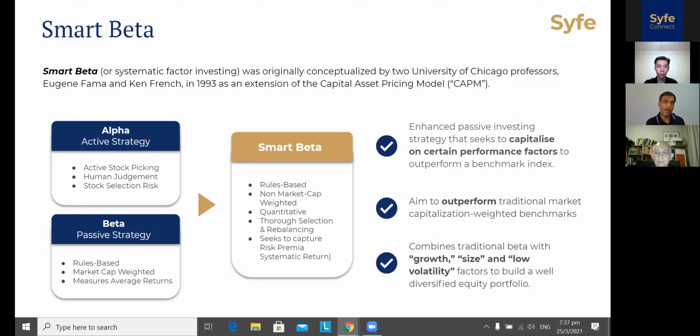Now, we have realized that over the long term, almost 90% of these active strategies underperform the benchmark. So rather than using active strategies, we use rule-based strategies to capture these risk factors that actually drive returns to your portfolio.